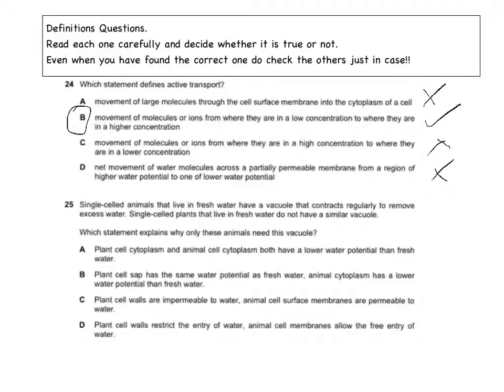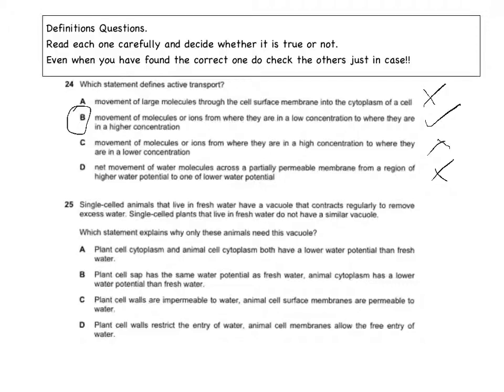And then the next one, single-celled animals that live in fresh water have a vacuole that contract regularly to remove excess water. Single-cell plants that live in fresh water do not have a similar vacuole. Okay, so that is obviously there to protect the animal cell from getting too large and the cell membrane rupturing. So plant cell cytoplasm and animal cell cytoplasm both have lower water potential than fresh water.